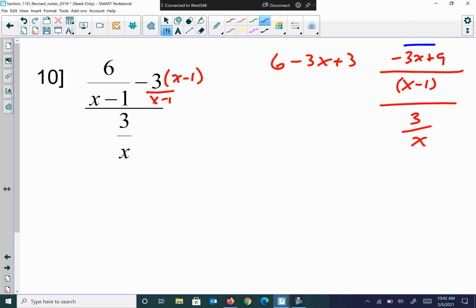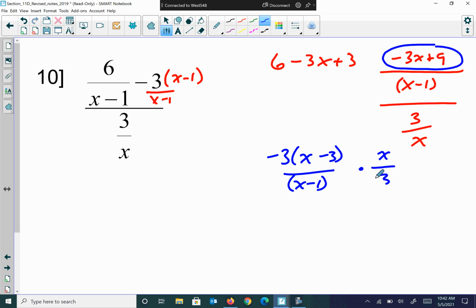Okay, so I said this would factor. So I'm going to factor a negative 3 out, and I'll have x minus 3 over x minus 1. Notice it's an x minus 3 because I factored negative out. Times x over 3. So this 3 and this 3 cancel. I keep the negative.